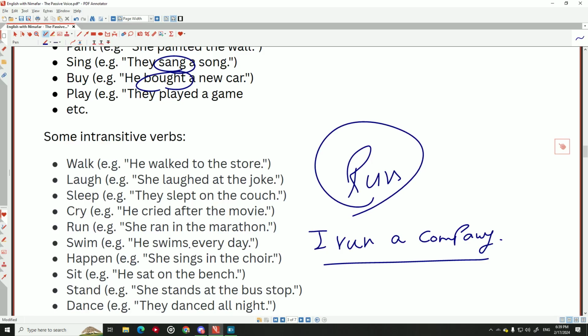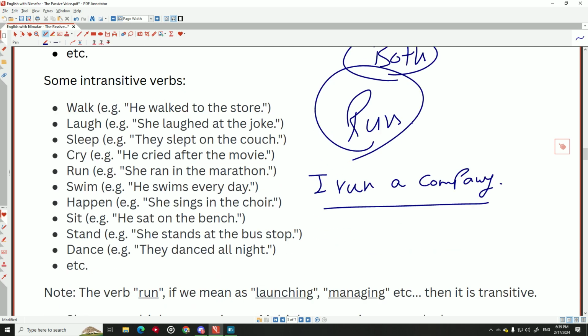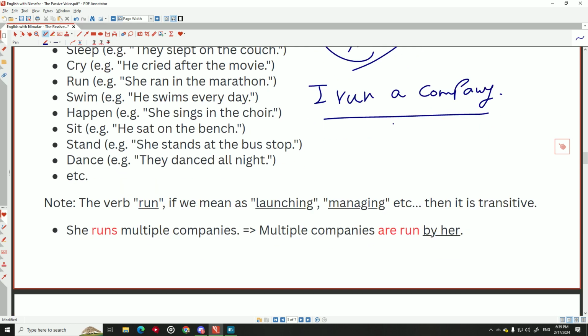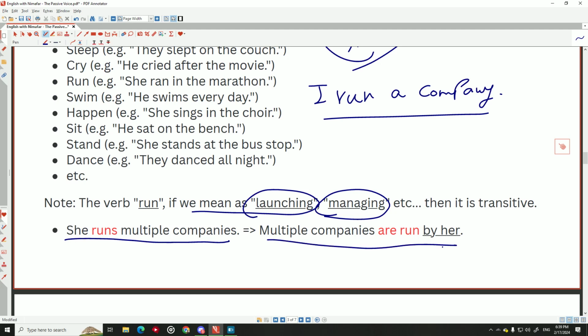So run is both transitive and intransitive. It depends on the meaning. If you mean launching, managing, administrating, controlling, moderating, then it's transitive. She runs multiple companies. Multiple companies are run by her.